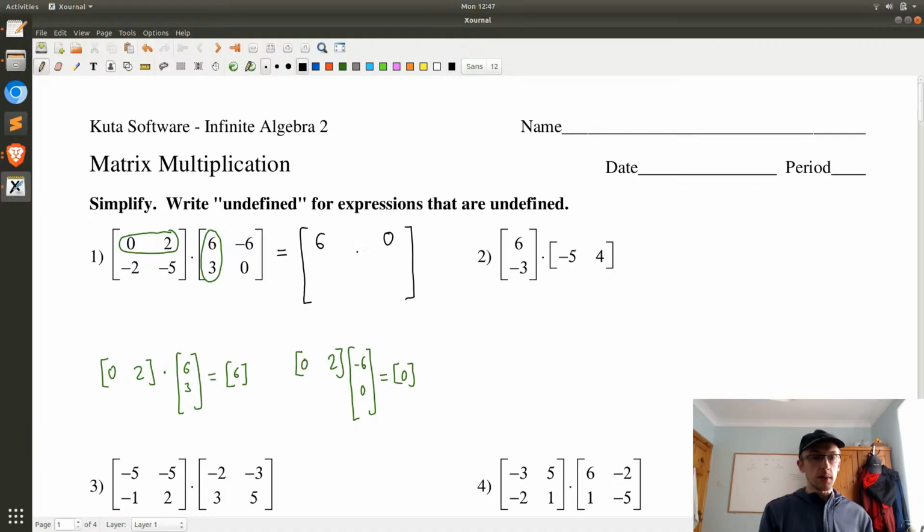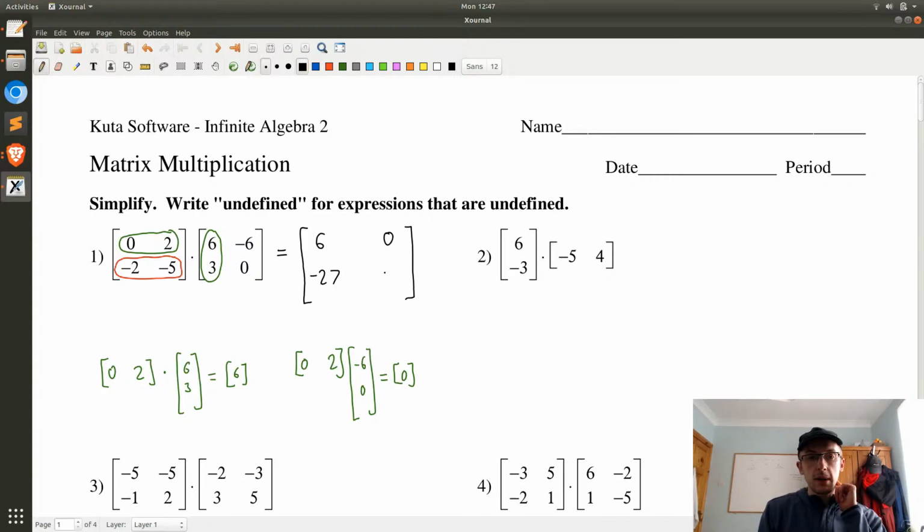It's very logical when you think about it. Okay, what about down here? That's going to be the second row times the first column to get the entry in the second row, first column. So -2 times 6 plus -5 times 3. That's going to be -12 add -15, which is -27.